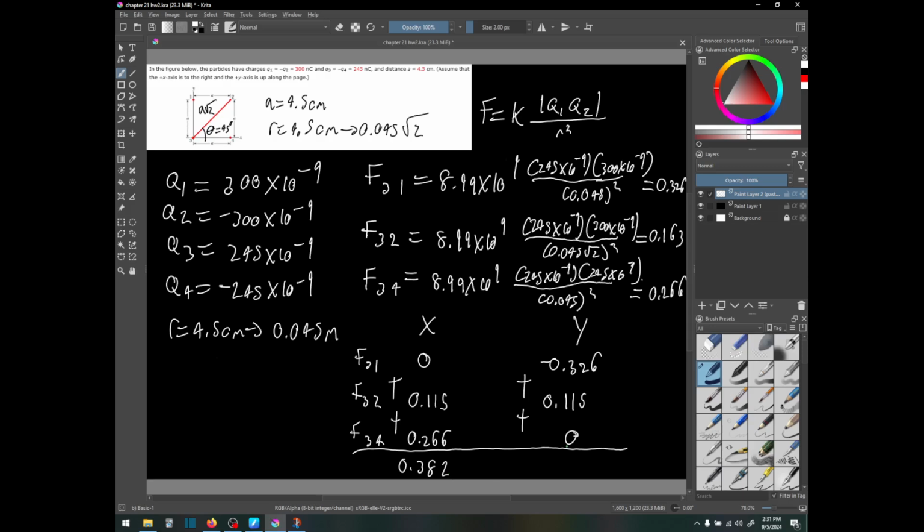And for y, we have negative 0.326 plus a positive 0.115, which is going to give us negative 0.2109, which rounds to 0.211. And this is our x value and y value answers.